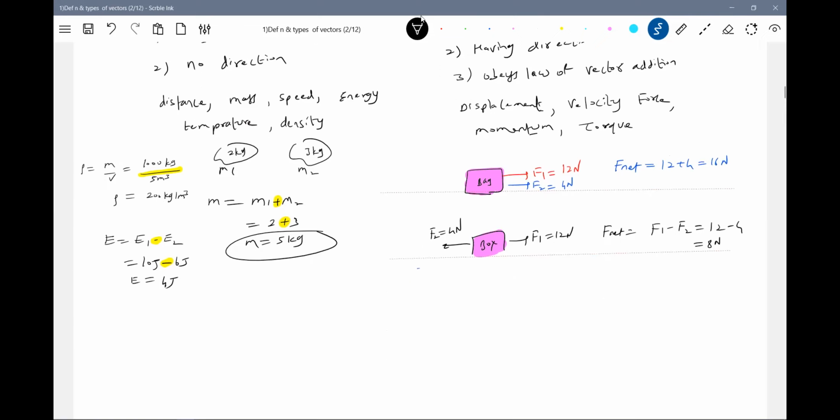Instead of this, can I take some block where I apply force F1 equal to, say, 8 Newton, and F2 equal to 4 Newton? How I'm applying the forces, you see in this case.